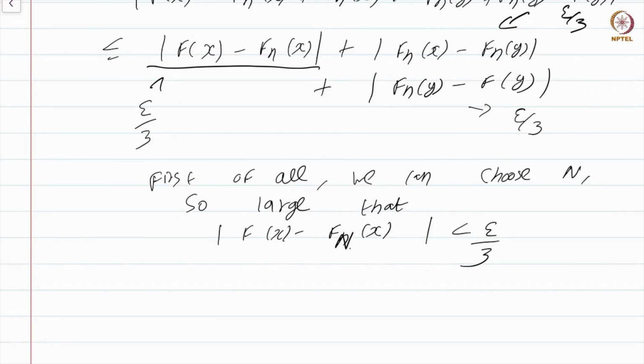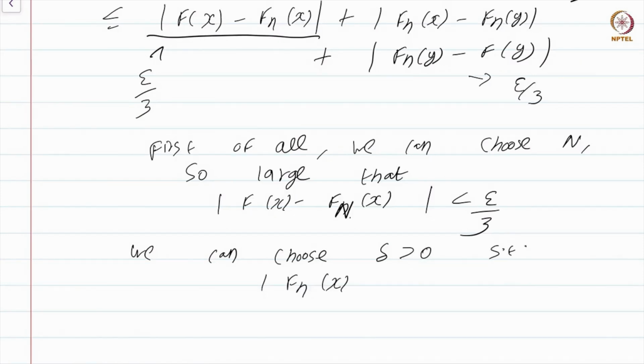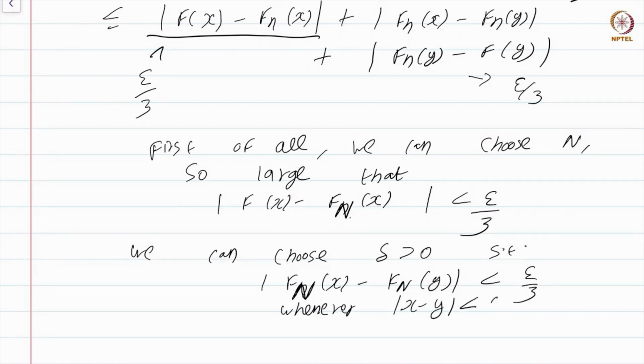So the first term we can handle. Now what about the middle term? Well, we can choose delta greater than 0 such that |f_N(x) - f_N(y)| is less than epsilon by 3 whenever |x - y| is less than delta and y comes from the set S.